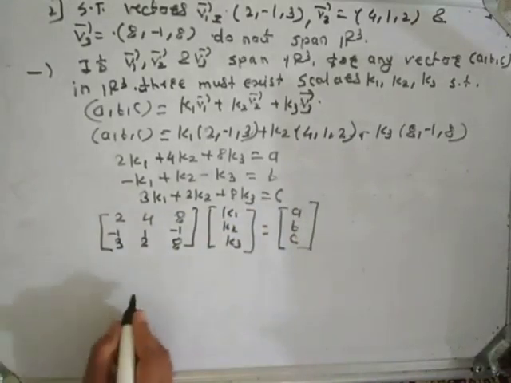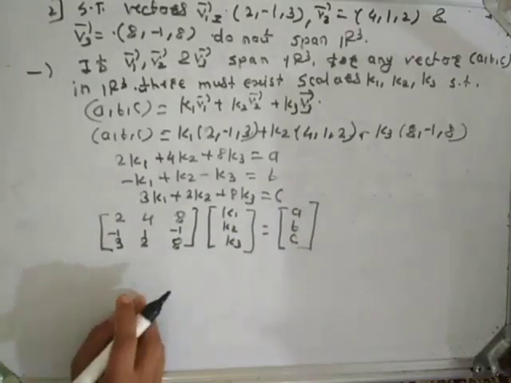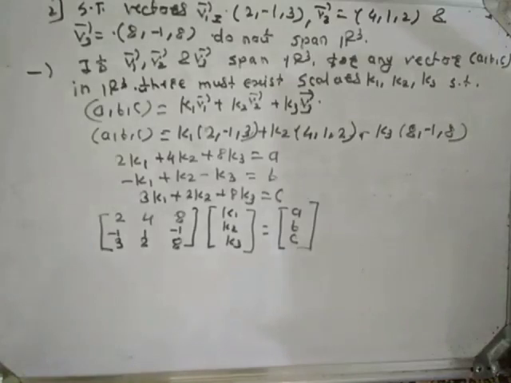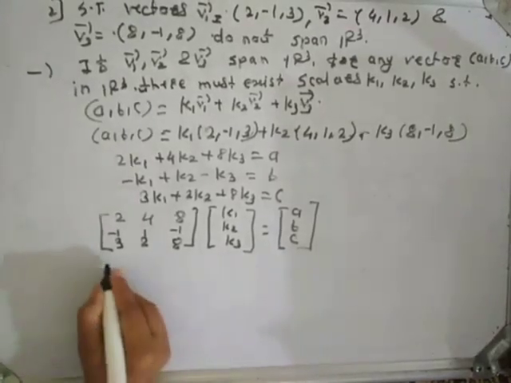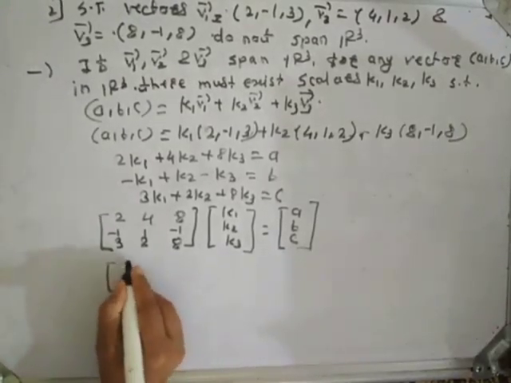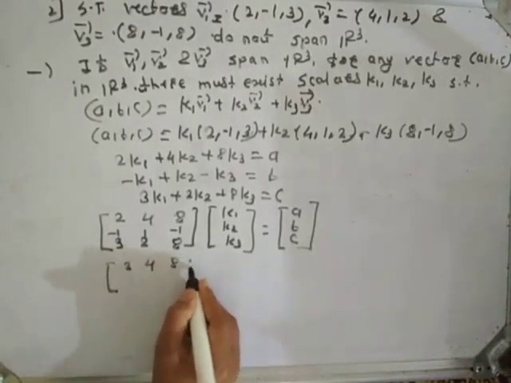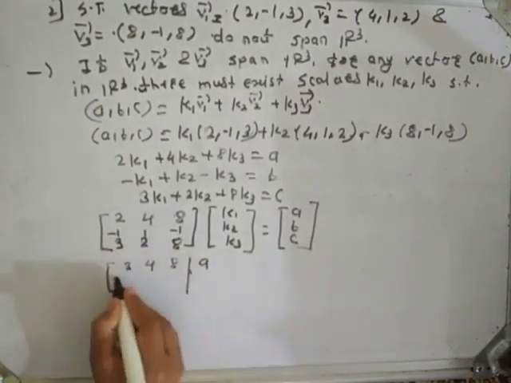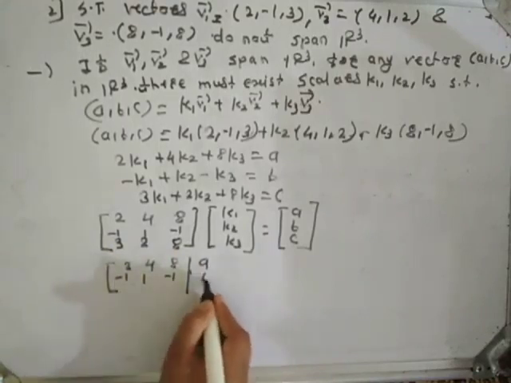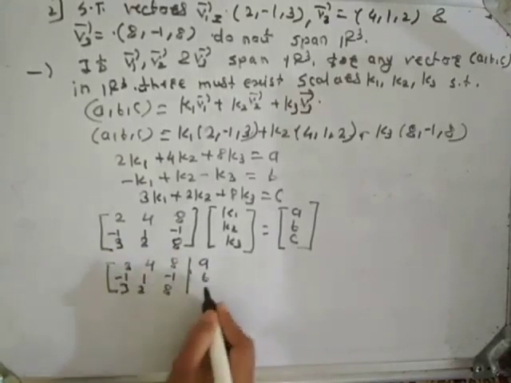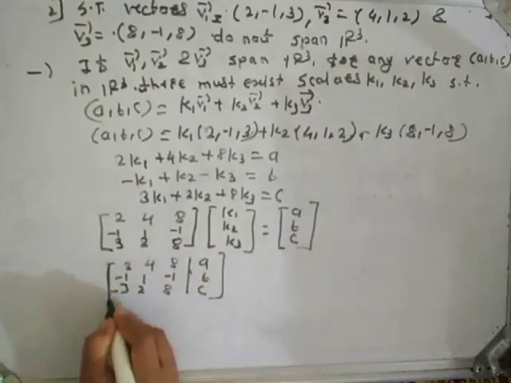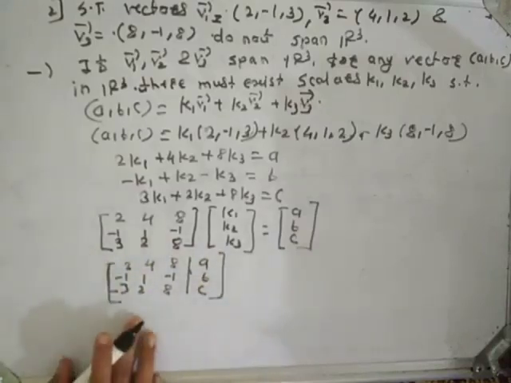Okay. Write down the augmented matrix: (2, 4, 8 | A), (-1, 1, -1 | B), (3, 2, 8 | C). Okay. Obtain the reduced row echelon form of this matrix.